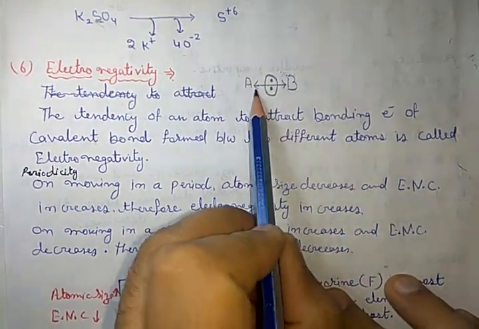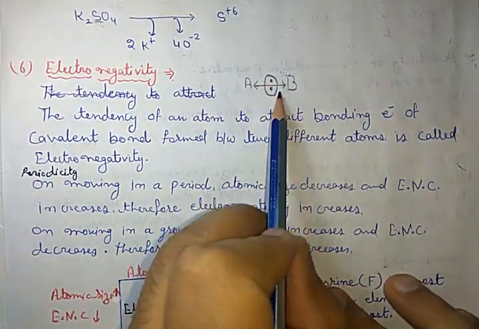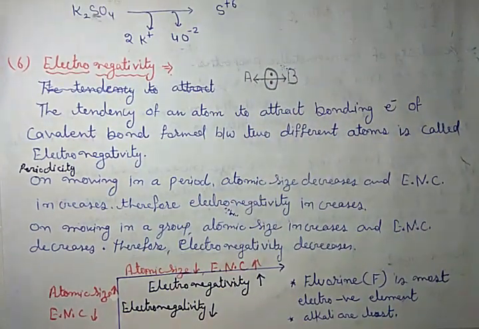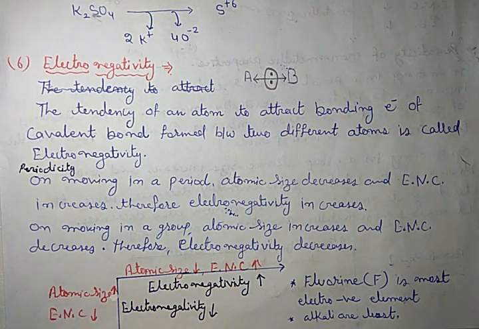So both atoms have a tendency to attract these bonding electrons. This tendency to attract bonding electrons of a covalent bond is known as electronegativity. Got it?